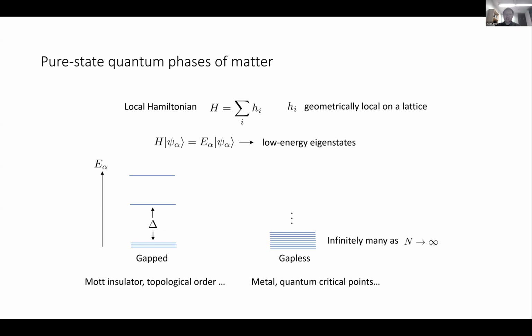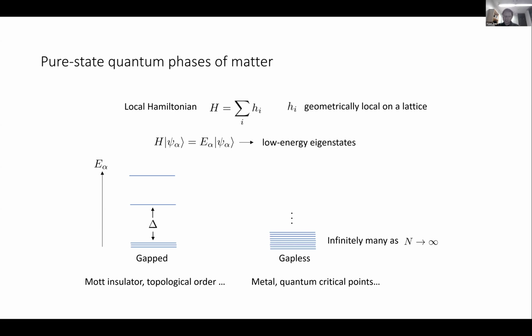A local Hamiltonian can be very complicated, but if you want to classify it, you can broadly classify them into the so-called gapped phase and gapless phase. They are distinguished by the low energy spectrum of this Hamiltonian. You just diagonalize the Hamiltonian and you get the low energy spectrum from low to high. For a gapped system, you could have very close degenerate states, and then there's a finite gap delta where you reach the next energy level.